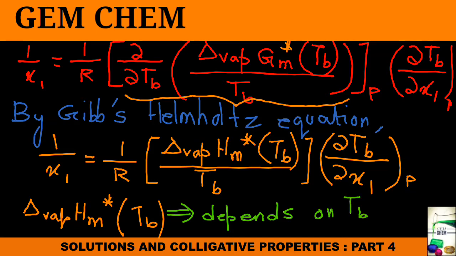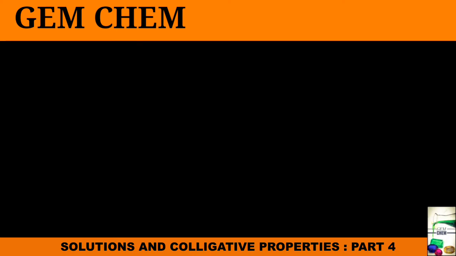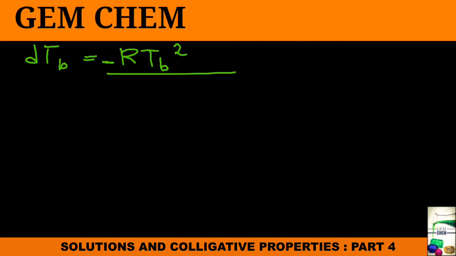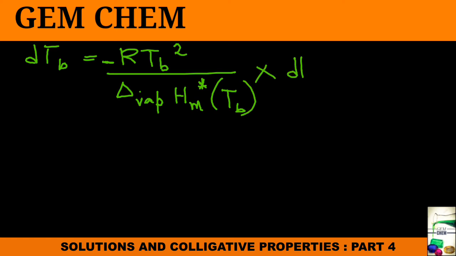So here we can write it like this: dTb equals minus R Tb square by delta vap Hm star at Tb, into d ln x1.